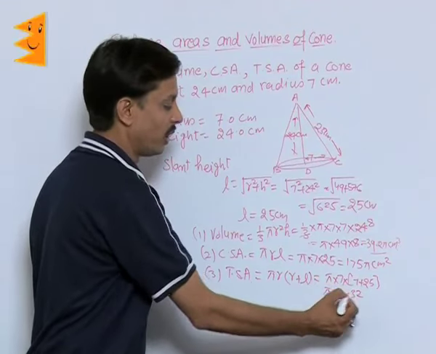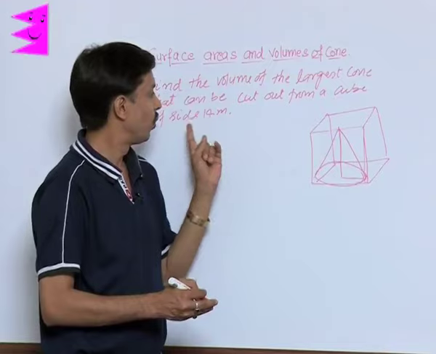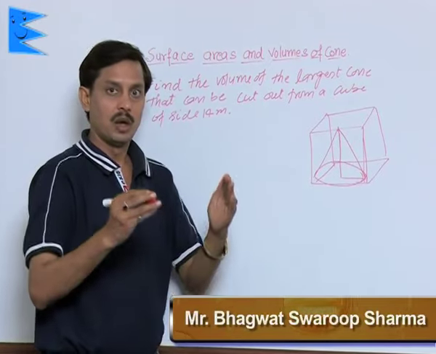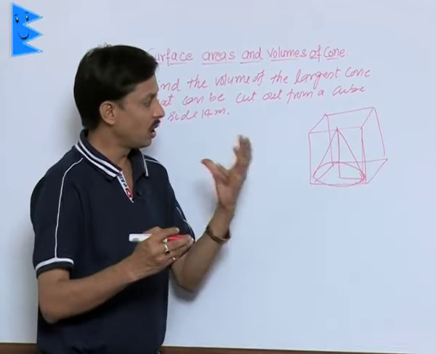Now one more question I am taking. Find the volume of the largest cone that can be cut out from a cube of side 14 meter. From a cube whose each edge, length, breadth, height is 14 meter, as it is a cube, so all have to be equal. We want to carve out a cone of maximum volume, or you can say maximum size, largest.